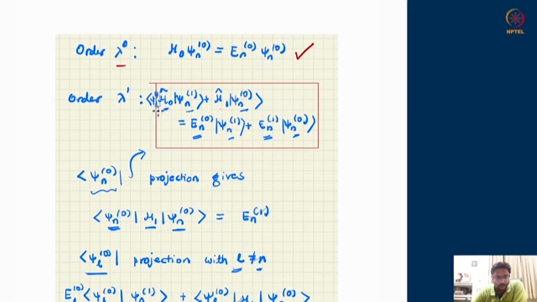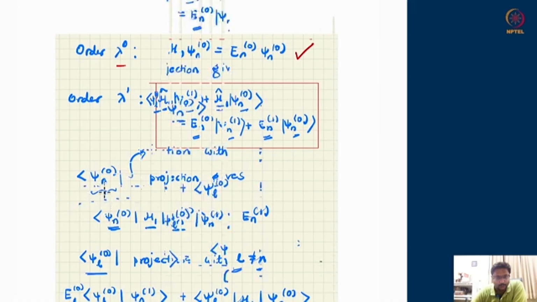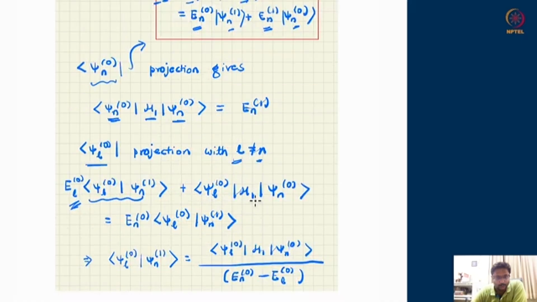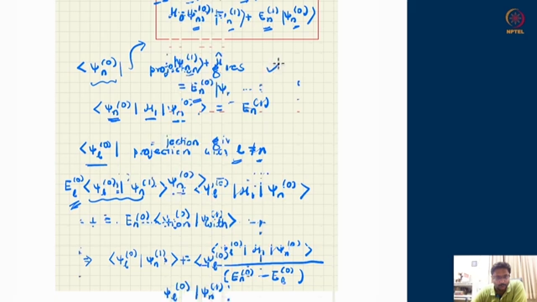H0 acting on psi L0 will give me EL0, and I will get the psi L0 psi n1. Then on the right hand side, the second term will be just the perturbation Hamiltonian H1, with psi n0 already there, and then this gets squeezed with psi L0.